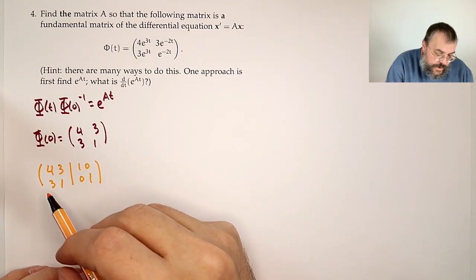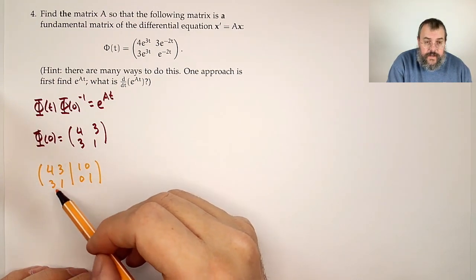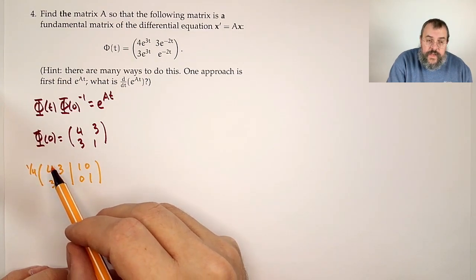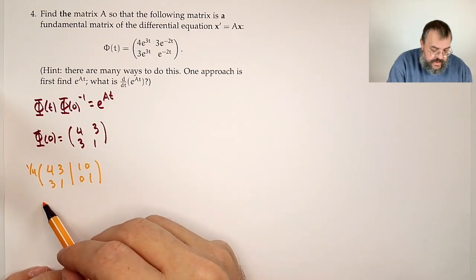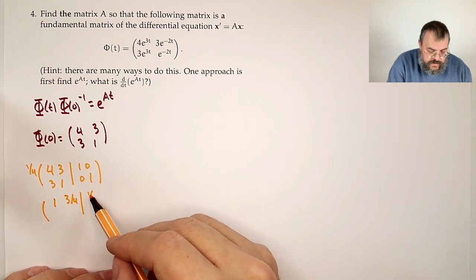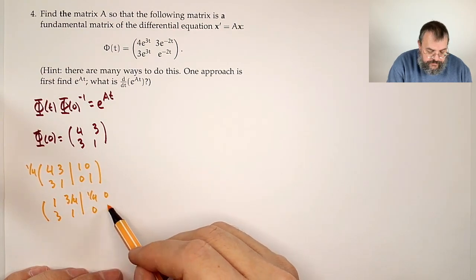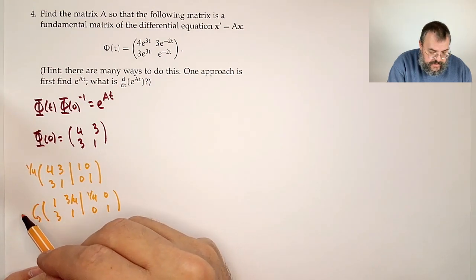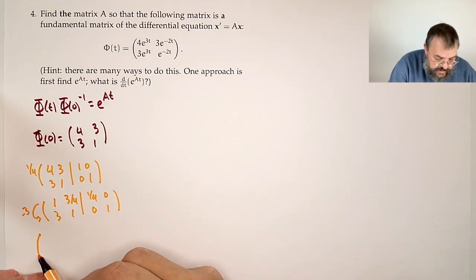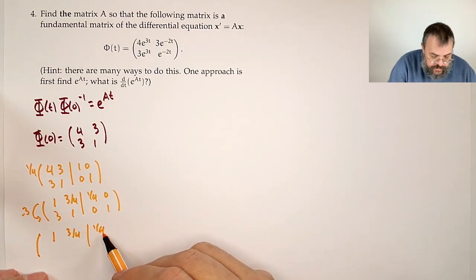The way I like to think about doing it is going column by column. So I'm going to multiply the first row by a fourth, so I make a 1, because I want to make it look like 1, 0. So we'd have 1, 3/4, 1/4, 0, and we haven't done anything down here yet. Now add -3 times the first row to the second row, and well, 1, 3/4, 1/4, 0.